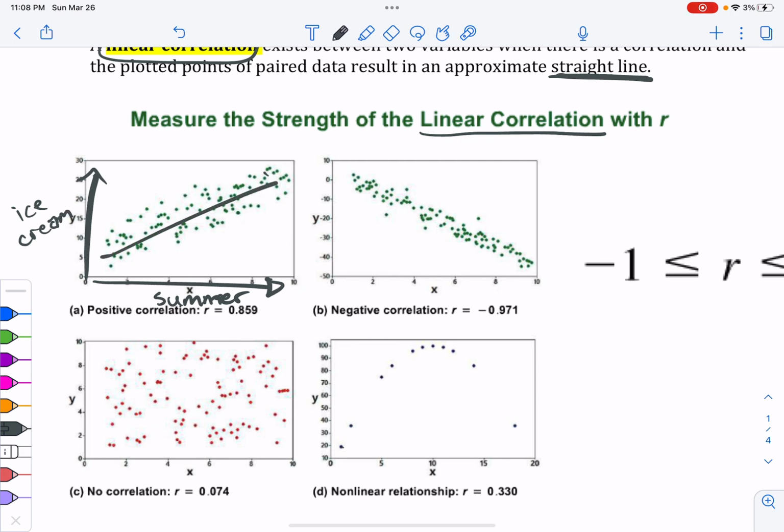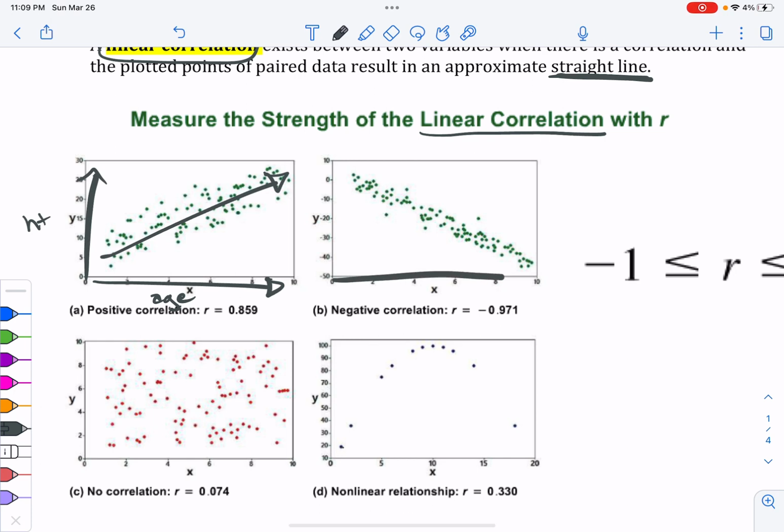So that would be kind of a linear relationship, in that it's going up. Or another example would be age versus height. Typically the older you get, the taller you are. Not in every case, but that's kind of a linear relationship.